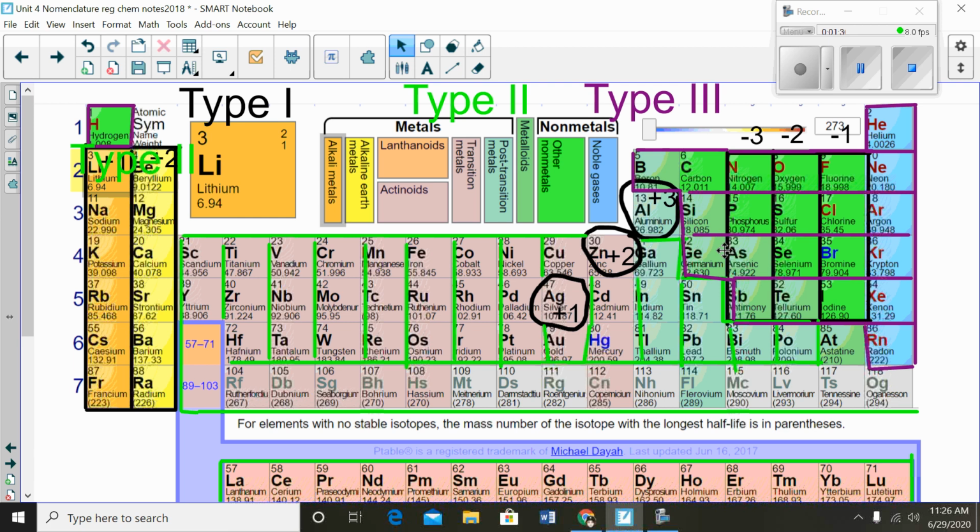There is what looks like sort of a staircase on the table, which breaks the table into your metals and your non-metals, right? And that's where I've indicated the type 3s, because sometimes we'll use the metalloids, and the noble gases are in here. So these are all of your non-metals. And you don't have to worry about charges because we're simply going to use prefixes. So it might be a good idea to label your type 3s.